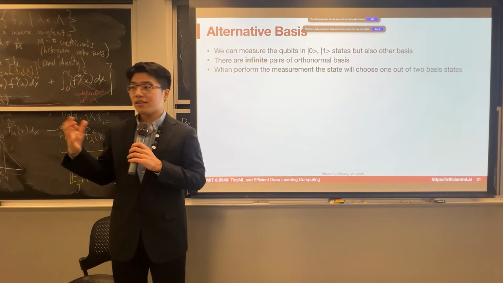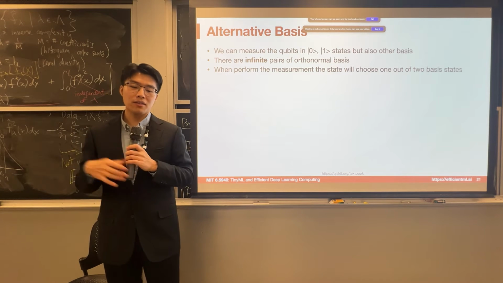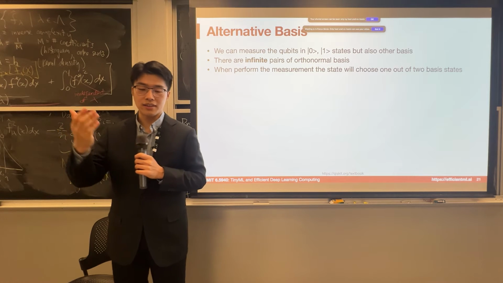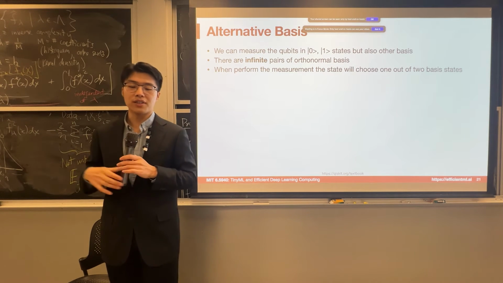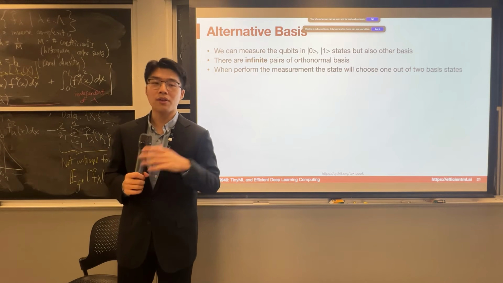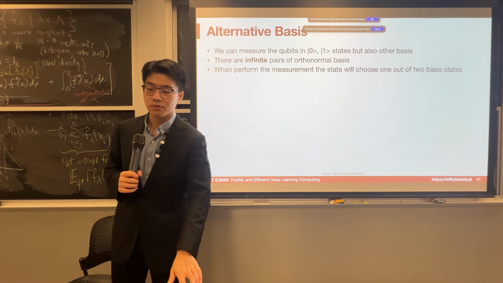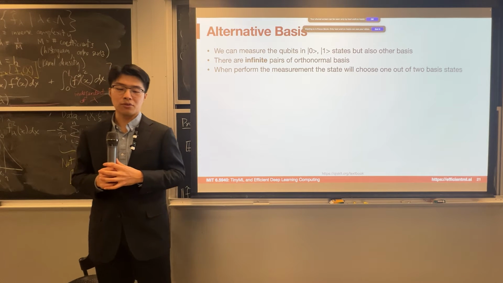Okay, so besides this 0 and 1 state, sometimes we can also measure on other states, because 0 and 1 are just 2 special states in this whole space, right? There are infinite pairs of orthonormal bases, and during the measurement, based on the algorithm we want to do, or based on the actual quantum device, we can select one of the orthonormal bases to do the measurement.